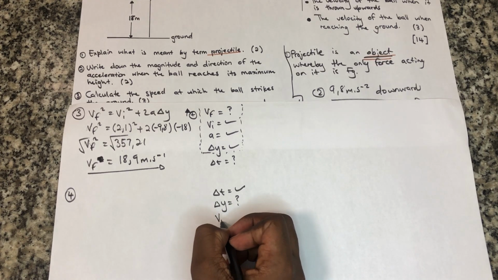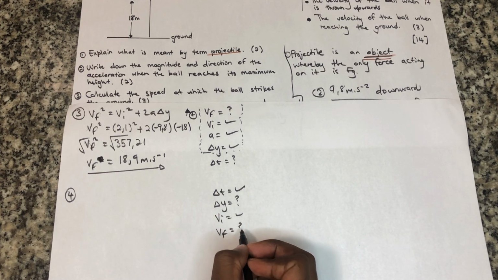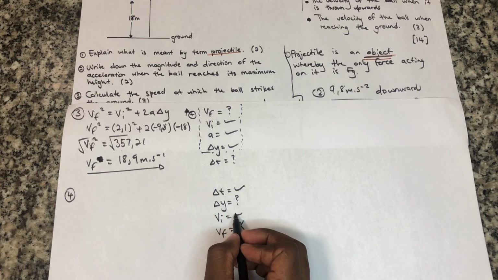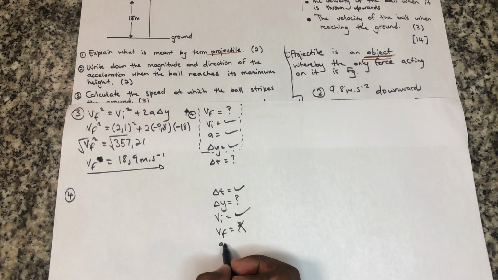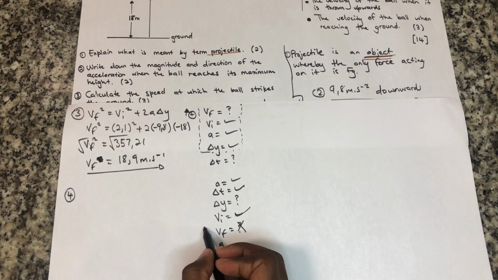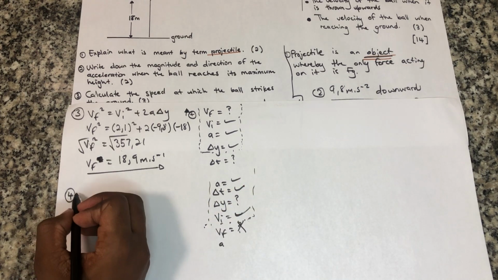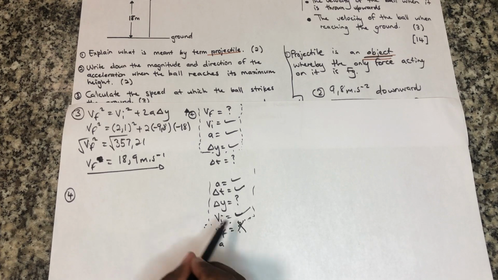The VI is there, VF is not there, so that is X is not there. Acceleration is actually there, so we're taking out the VF in this case, which is final velocity. So which one are we going to use?